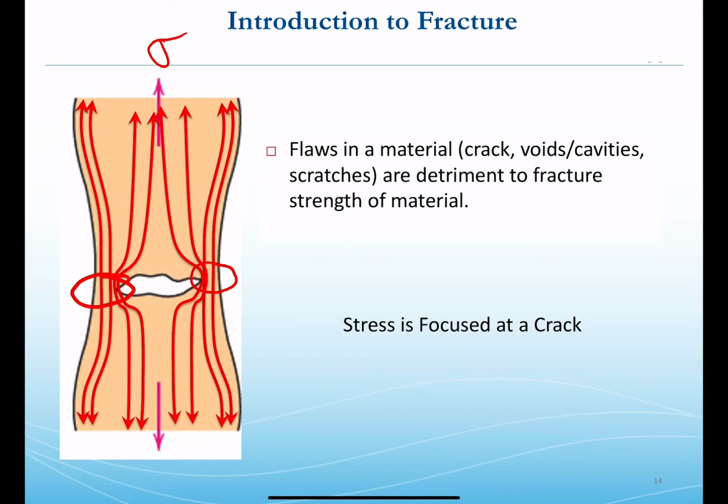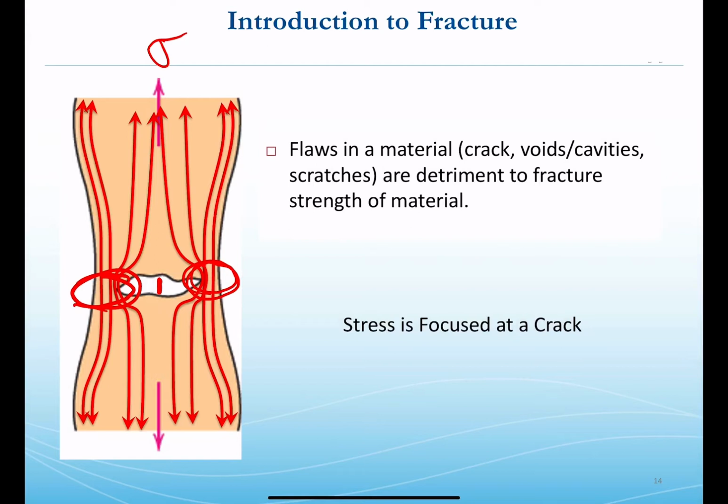So note here the force lines showing how the stress is taken through the material in our tensile condition. How all those stress lines end up focused at the ends, given that there's no matter in the crack, and so we can't propagate stress through a void in the middle of our crack.